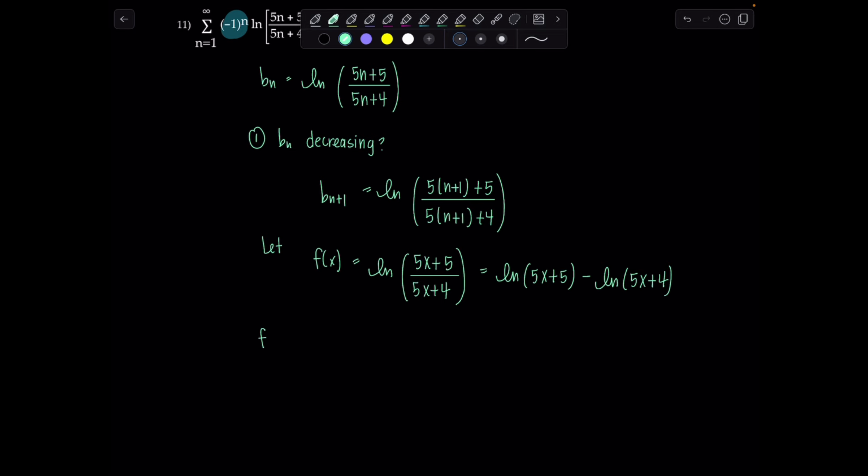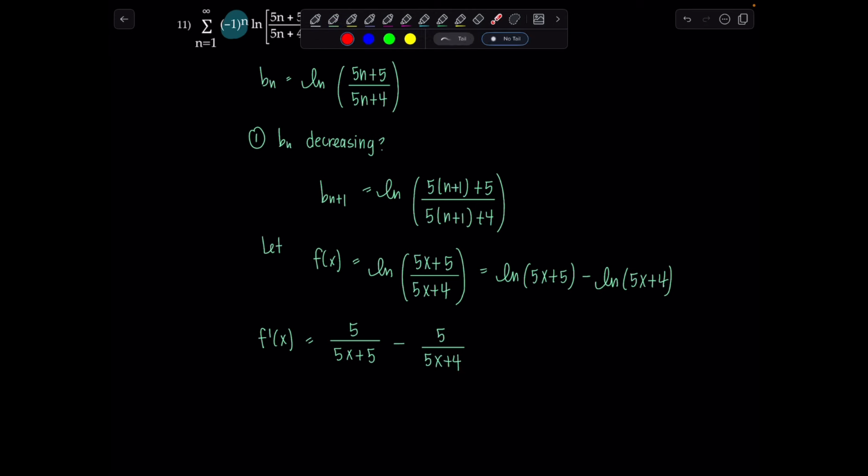Okay, now let's take the derivative. So then f prime of x, remember, the derivative of ln of something is 1 over the something, and then we have to do the chain rule, multiply by 5. So this will be 5 over (5x plus 5) minus, and then the derivative of the next term would be 5 over (5x plus 4).